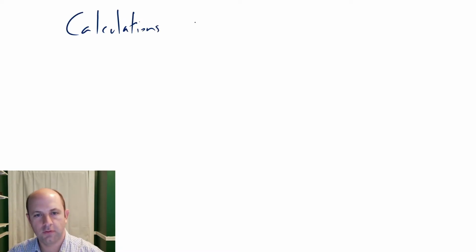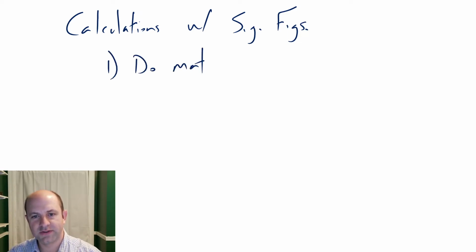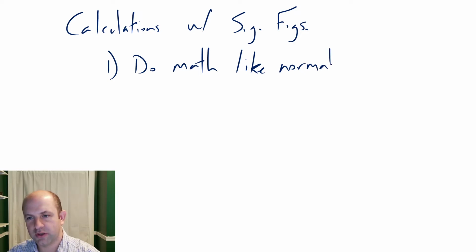for calculations with sig figs, the number one rule is to do the math. So do the math like normal. Get out your calculator if you need it. Say, oh, here's two numbers, I'll add them together. Here's two numbers, I'll divide. Whatever. So step number one, get your calculator answer.